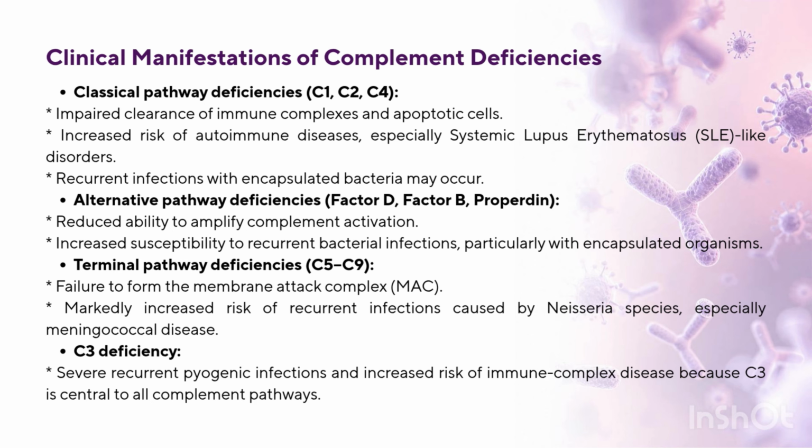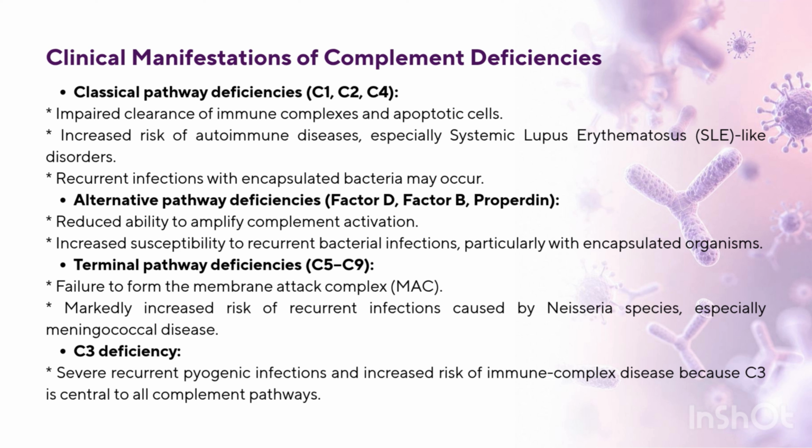Second, deficiencies of the alternative pathway, such as factor D, factor B, and properdin deficiencies, reduce the body's ability to amplify complement activation. As a result, patients become more susceptible to recurrent bacterial infections, particularly infections caused by encapsulated organisms.